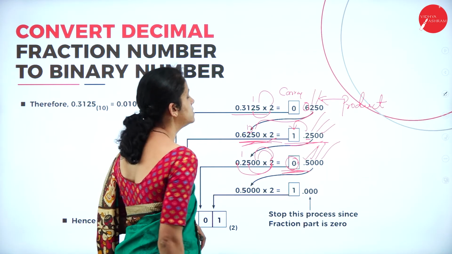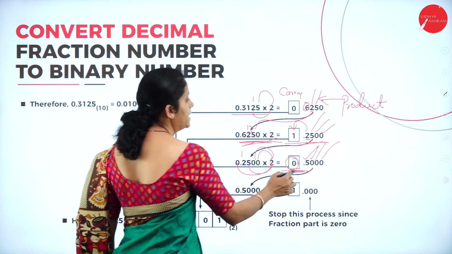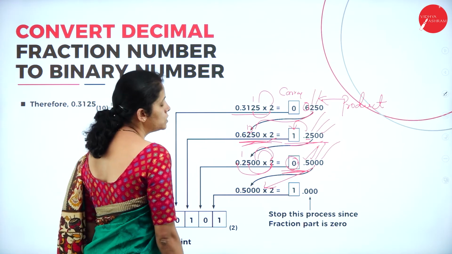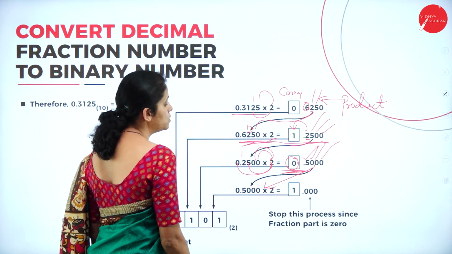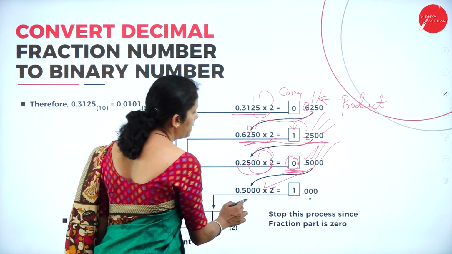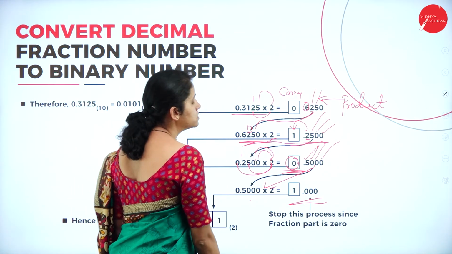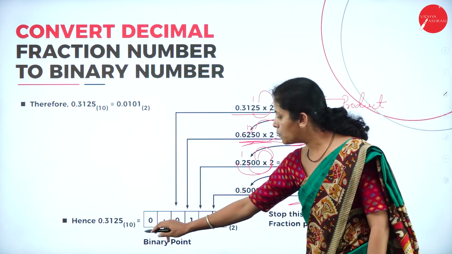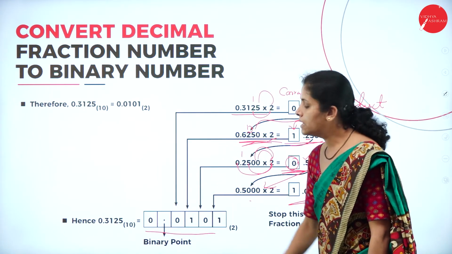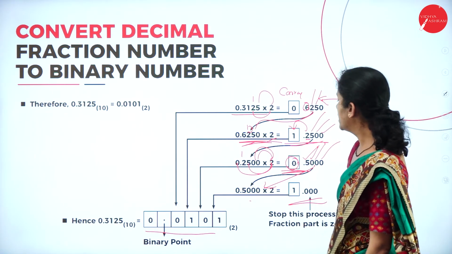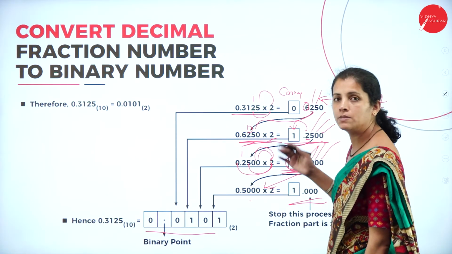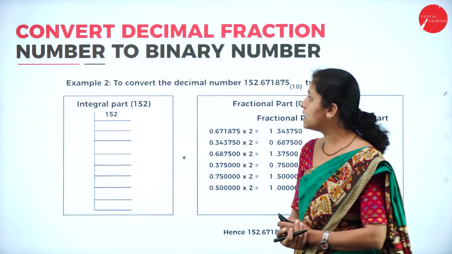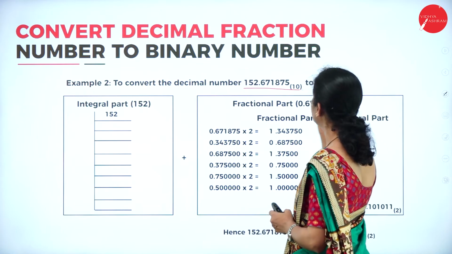So carry is 0. For the next step, I'm going to consider 0.5000, and I'm going to multiply. When I multiply, I'm going to get the product 000 and the carry 1, and I'm going to place the binary digits from MSB to LSB.